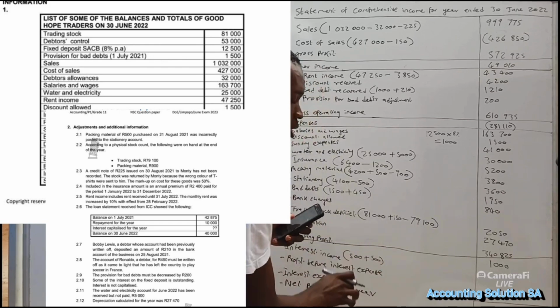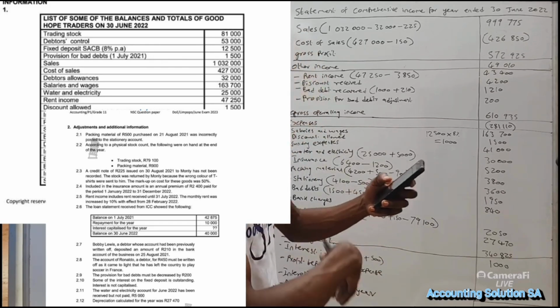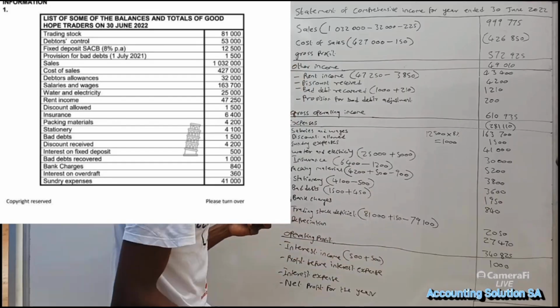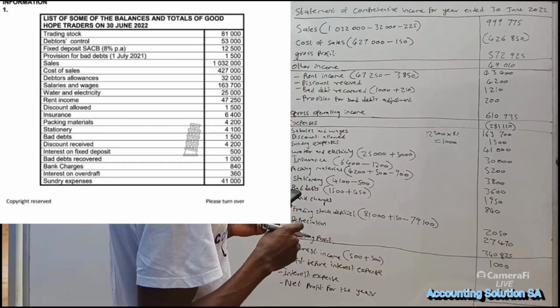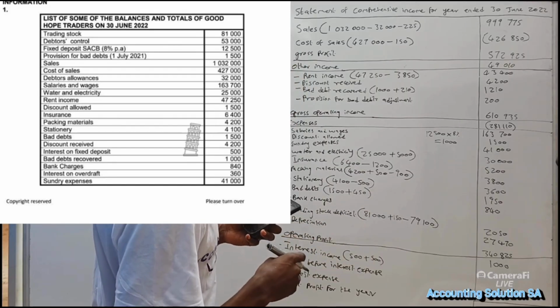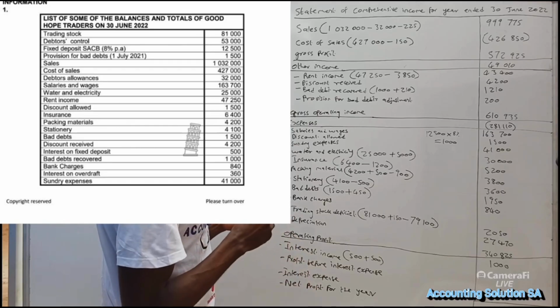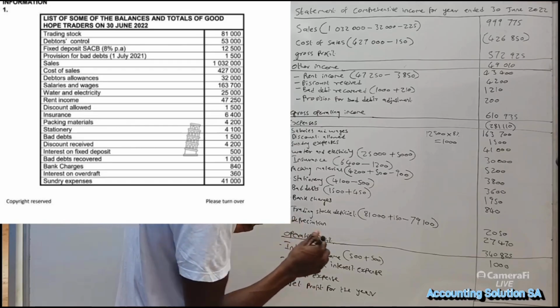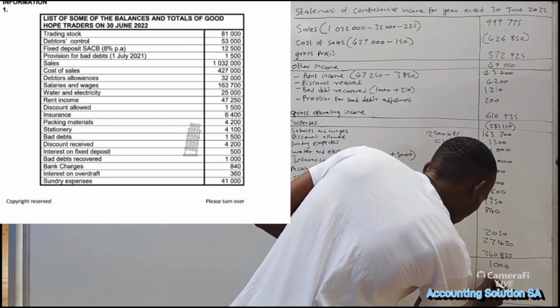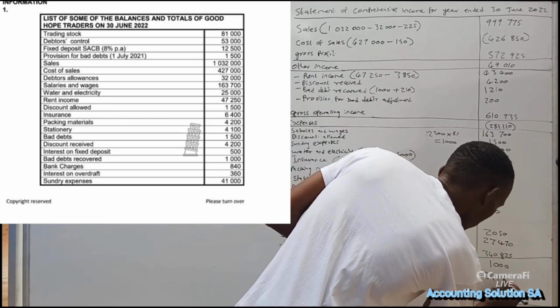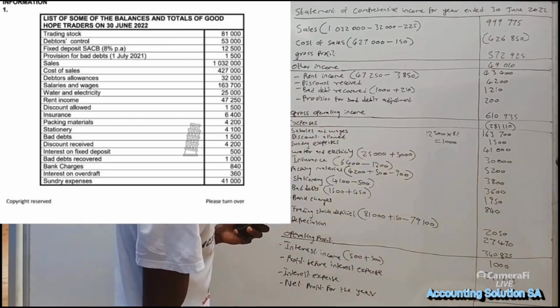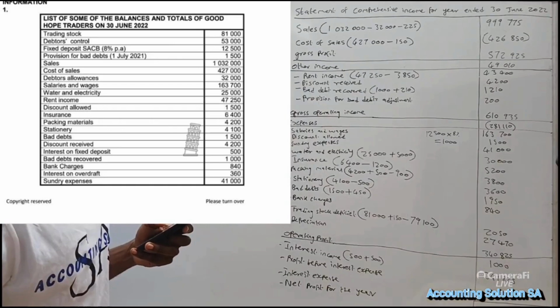No, because already 500 has been recorded. It's some of the interest. Okay, then profit before interest expense is going to give us 341,825.